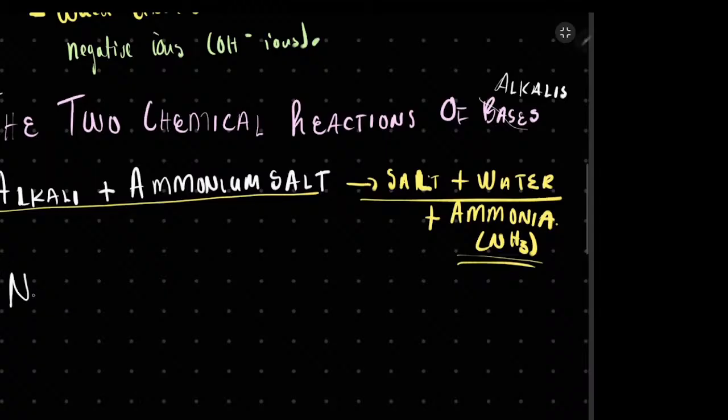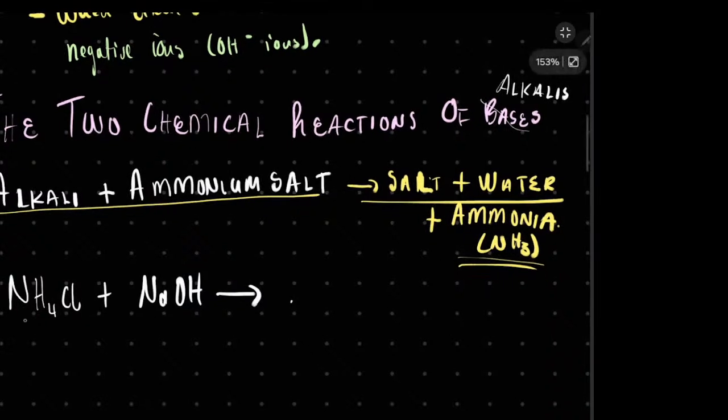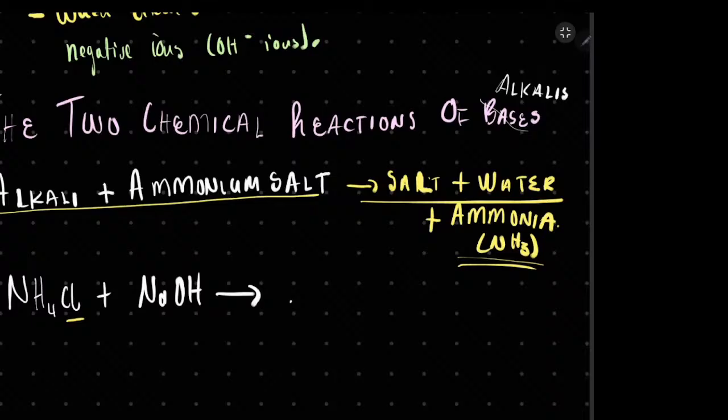How does that happen? NH4Cl reacts with NaOH. This is an ammonium salt because this is ammonium chloride.